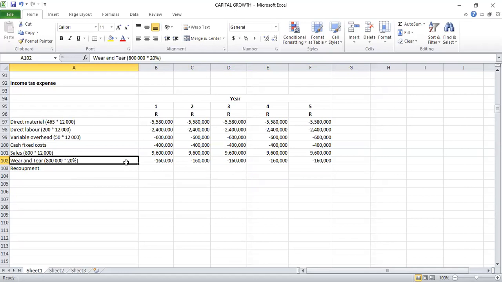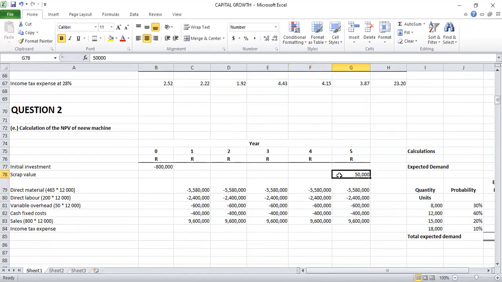So they're allowing over 5 years. Then that means by the time that we reach 5 years, the asset will be fully provided for in terms of wear and tear. That means its value will now be 0. So the total amount of the sale, the scrap value, will be recoupment, 50,000.